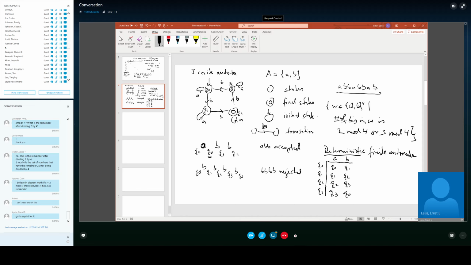Now, when I say that given any state and any letter there is exactly one transition, that basically means that in each entry here, I have exactly one state.